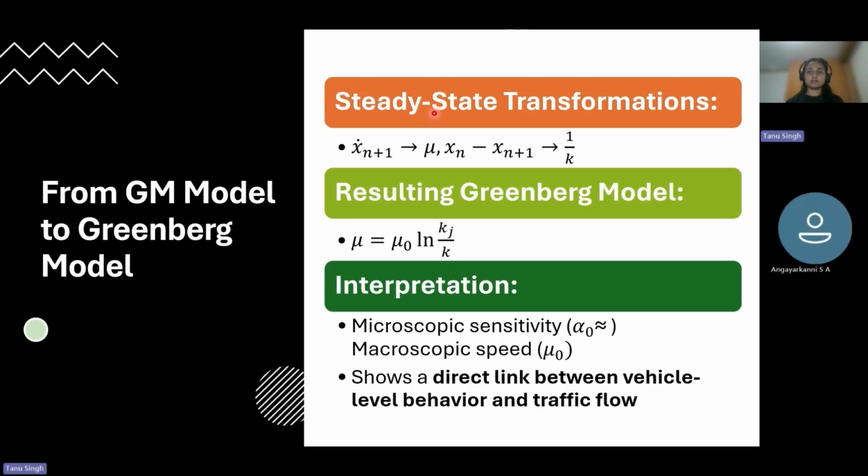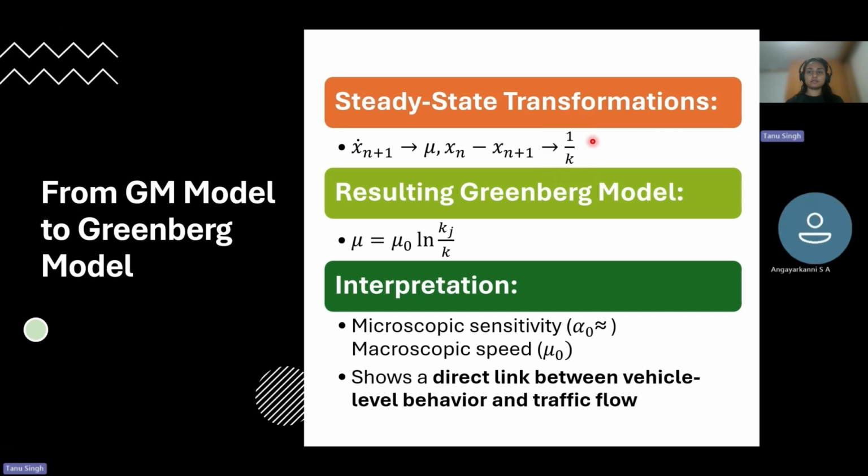The speed is taken as mu, whereas the difference between the positions is taken as 1 by k. This means the following vehicle speed becomes the space mean speed, and the spacing between the two vehicles is replaced by the inverse of density.